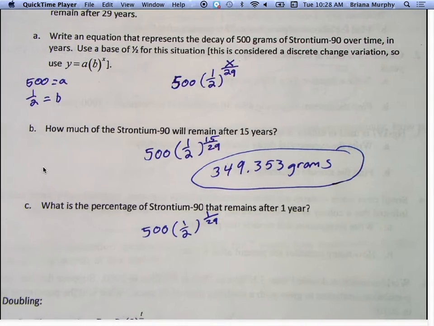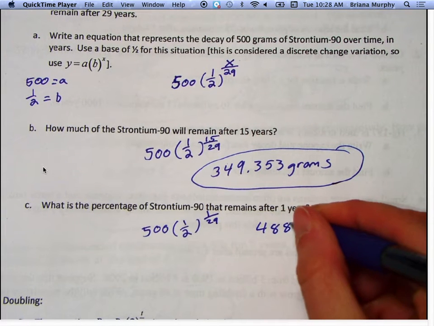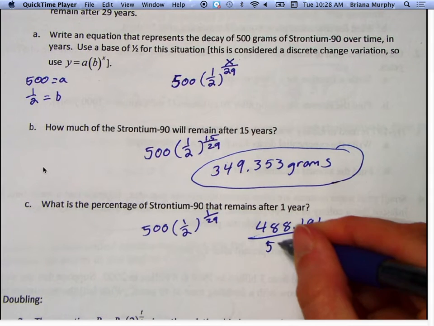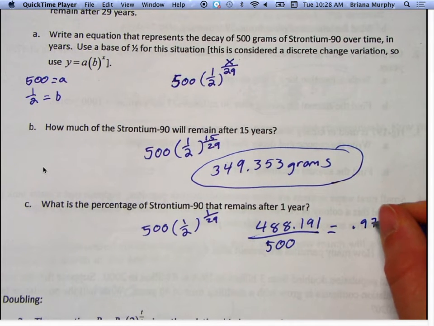And what do I get, guys? 488.191 grams, but it doesn't ask me for the grams, it asks me for the percentage. So what am I going to divide it by? 500, because that's how much we had initially. And then once I divide it by 500, I get 0.976.